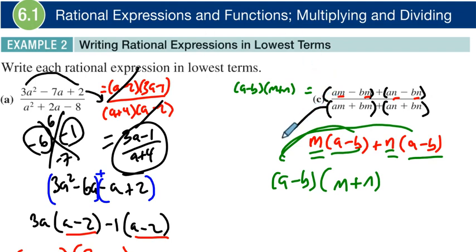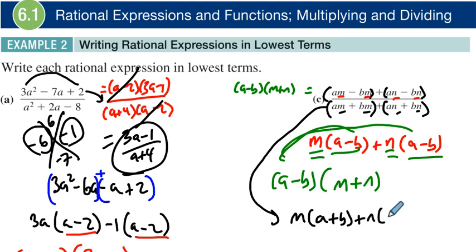If we're going to factor this, again I see right here that they both have an m in common, so I'm going to factor out the m, and I have a plus b left. Right here, they both have an n in common, so I'm going to factor out the n, and I have the a plus b left.